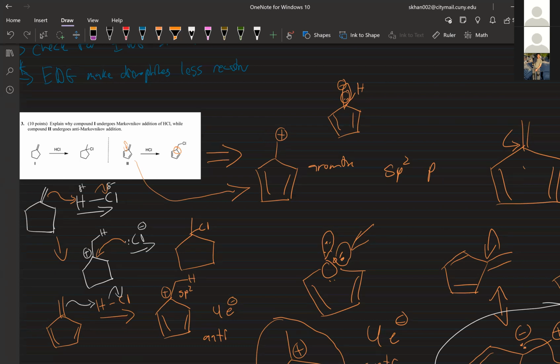Sure. So just showing the fact that it'll be anti-aromatic if we try to do Markovnikov, is that probably not enough? Well, you have to. That's why I showed the first one, because that pathway is very bad, and then you'd have to show that the other pathway is very good. So that's really what this question's asking, why one pathway is preferred.